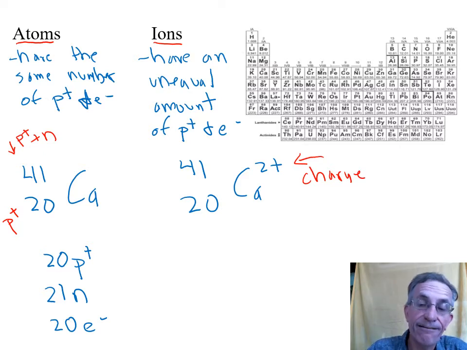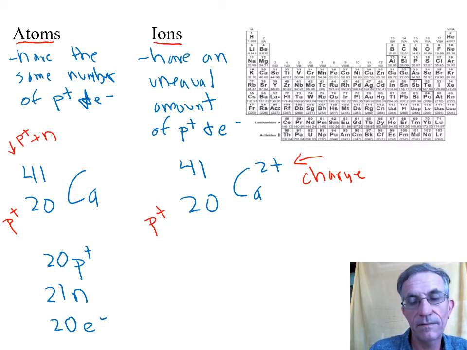If there's nothing up there, it's neutral, it has a charge of 0, that's an atom. But if there's a charge up there, then it's an ion. Let's figure out what is in this ion. The bottom number, again, is still your protons. That means it's 20.